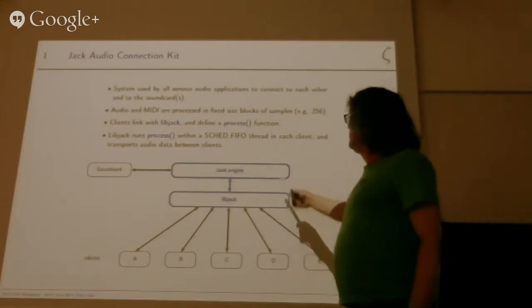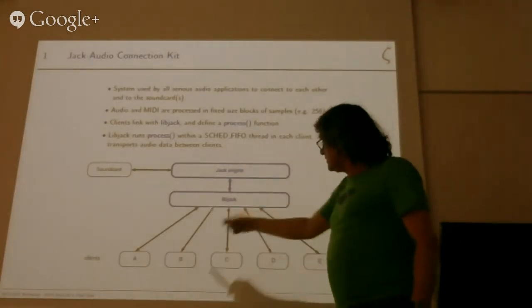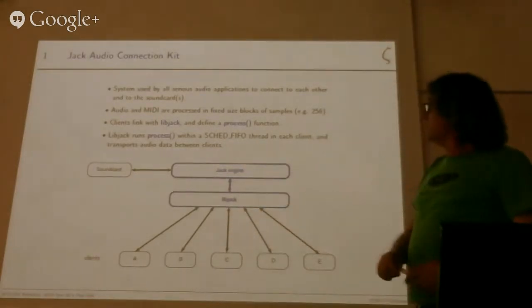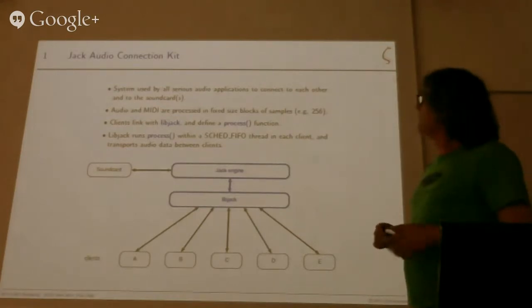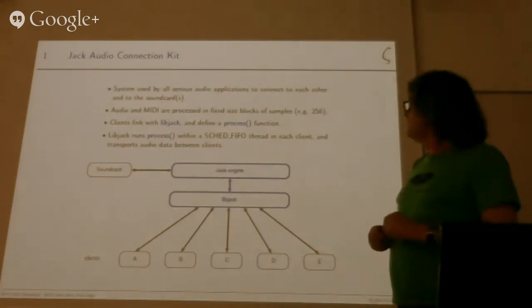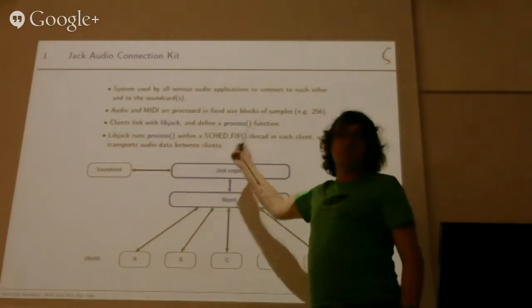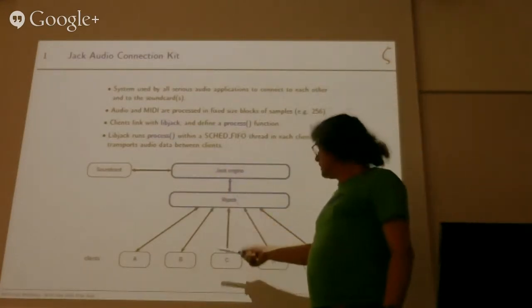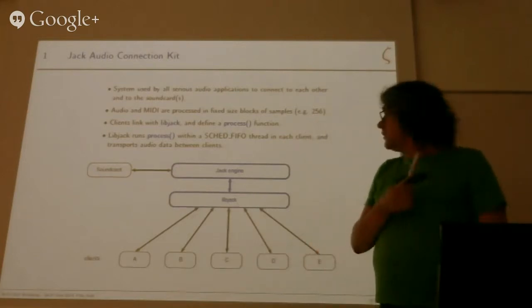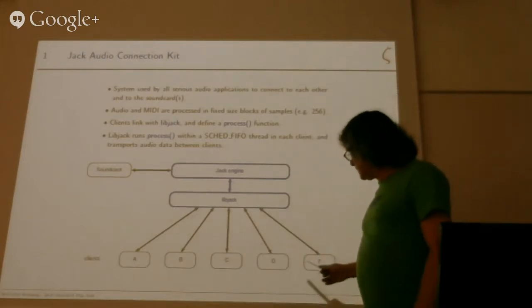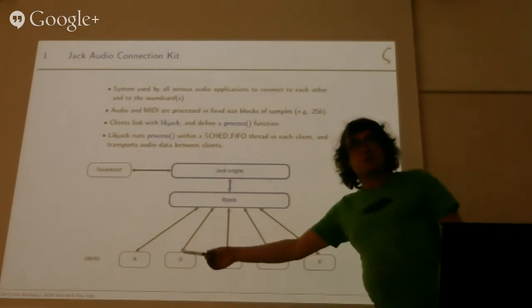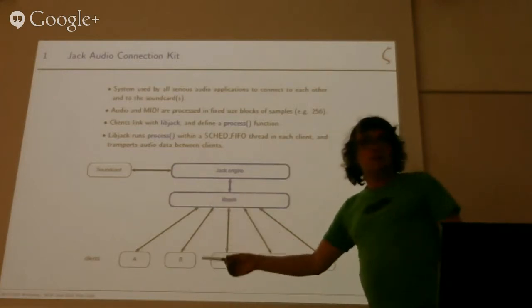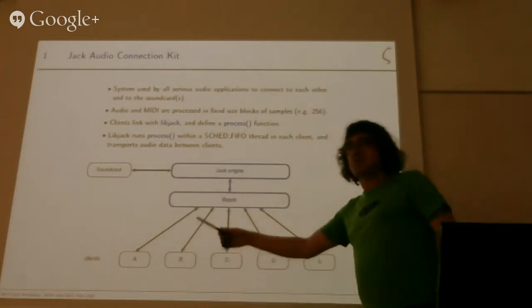So libjack will call the process functions within each application when it wants to, and that will run within a scheduling FIFO thread, so a real-time thread, which is created by libjack, not by the application itself. Just to be clear, these are different applications written by different people, independent of each other, so different processes, not just threads.